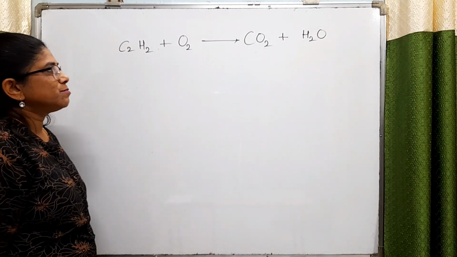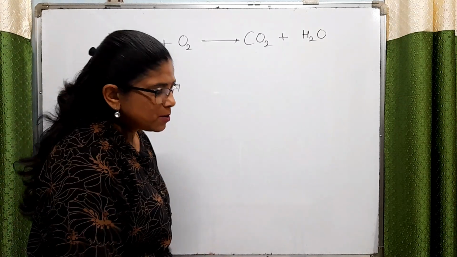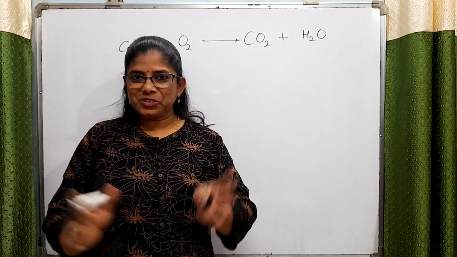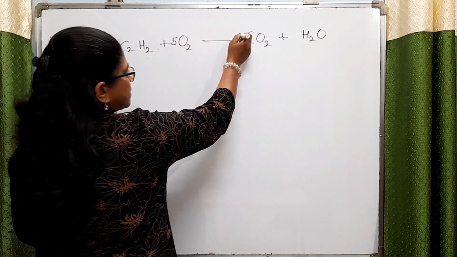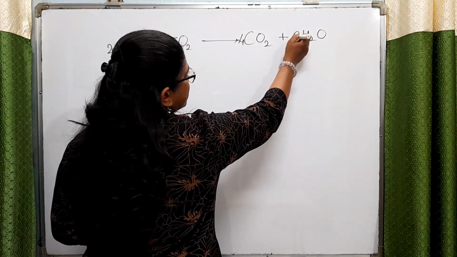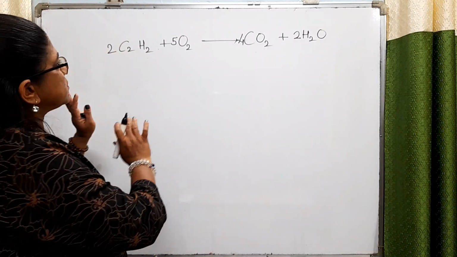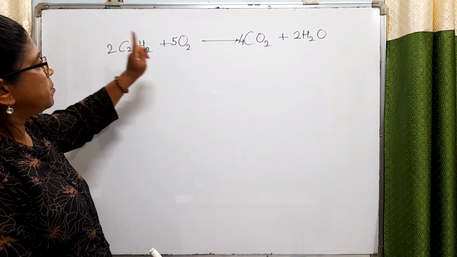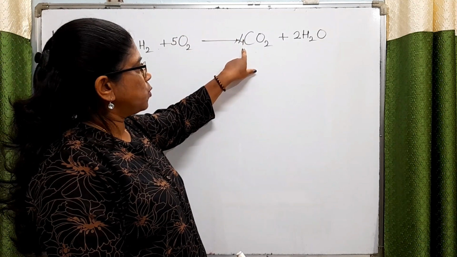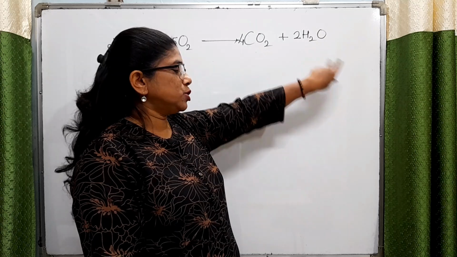This reaction is not balanced, so we have to balance it. This is the balanced reaction: 2C2H2 + 5O2 → 4CO2 + 2H2O.